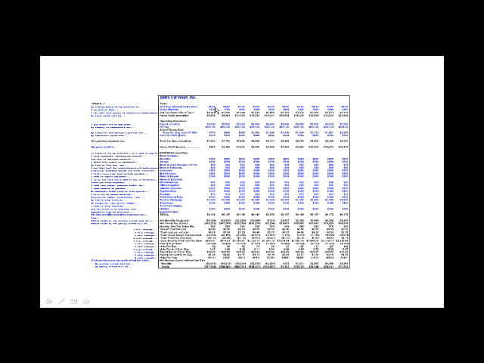Question: how do we determine, how do we pick a price? The first tab is based on an average price of $4.95 per car wash. Well, where did we come up with that number? Well, it's our best guess as to what we can sell it for. How did we find that out?